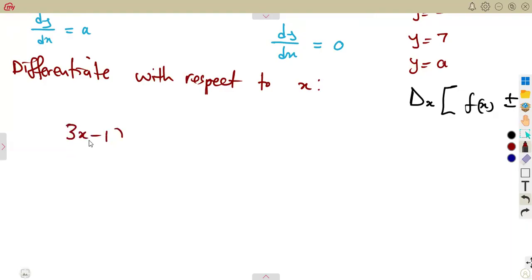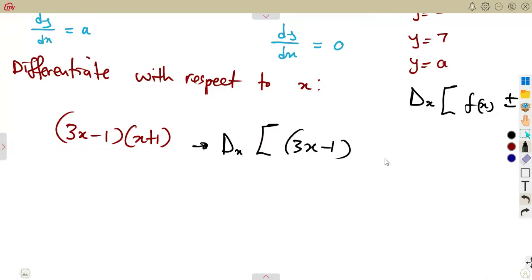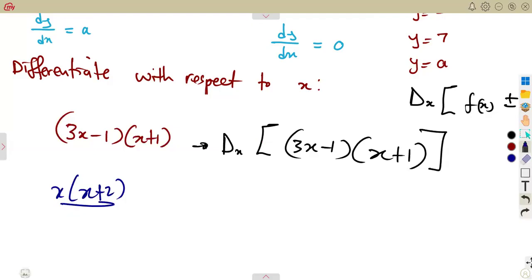Then you have got 3x minus 1 into x plus 1. So how can we differentiate this? We can just have this as the derivative with respect to x of what? There we are given 3x minus 1 into x plus 1. So in this case, when given brackets or terms like we have x into a certain bracket, expand the brackets first so that you can clearly see the terms separated.